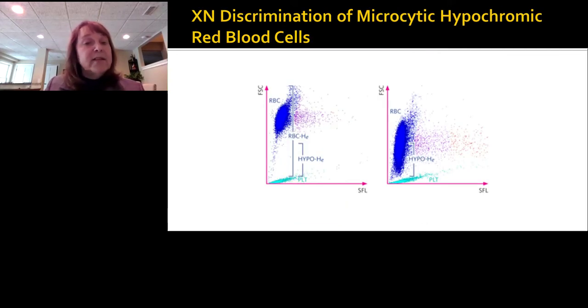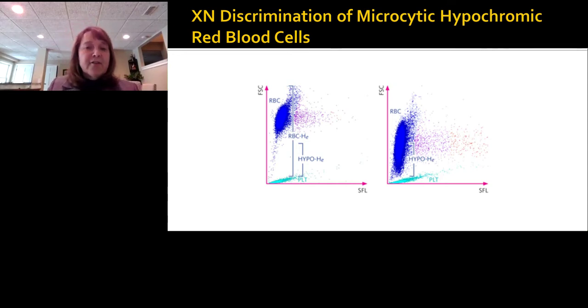The XN will do a flagging and will do that measurement for you: how far is the red cell population from my platelet population, and can I determine whether I am seeing a level that might be synonymous with hypochromasia or not? These additional flaggings help us in determining microcytic hypochromic anemia, whether in people, as this demonstrates, or animals. It just is going to measure and flag.